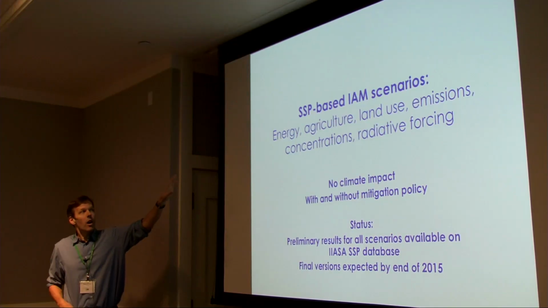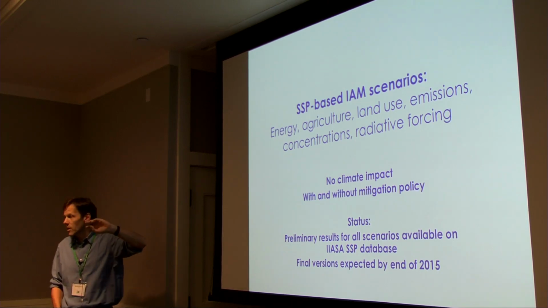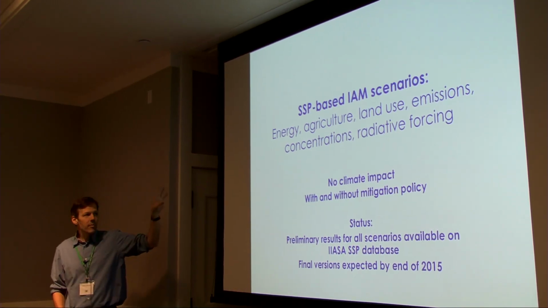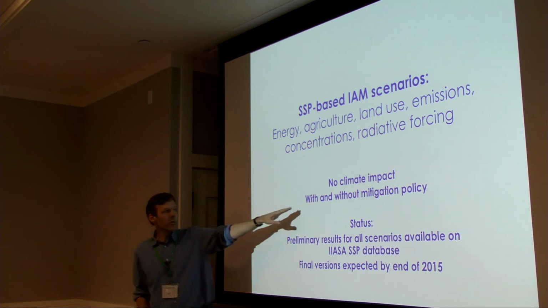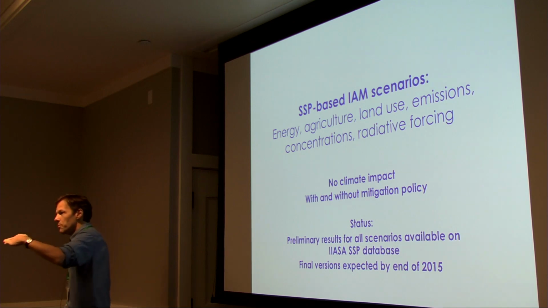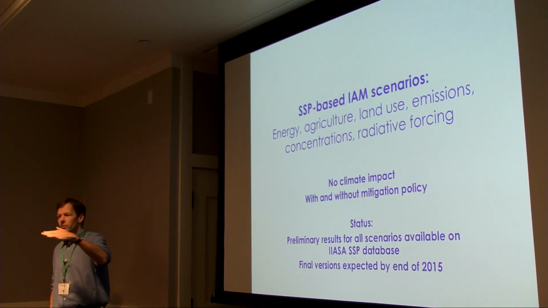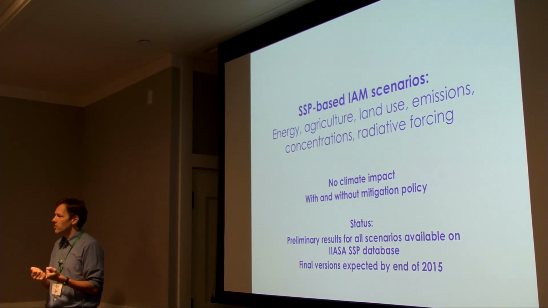So they are producing energy, ag, land use emissions, and so on as no-climate-impact scenarios. Some of them are without mitigation policy, some of them are with mitigation down to be consistent with the different RCPs in AgMIP 5 so that they can be used together, right?